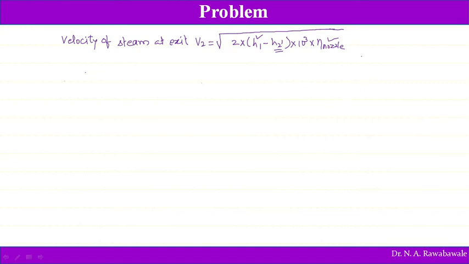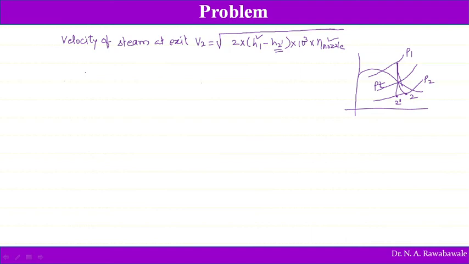So here on the Mollier chart, if we see, this is point 1, this is throat, and this is point 2 dash, and the stream expands like this up to point 2. So this is pressure at exit P2, this is pressure at inlet P1, and here pressure at throat.